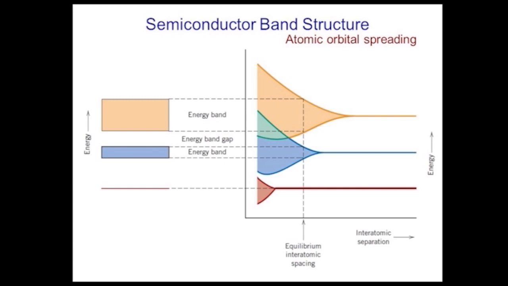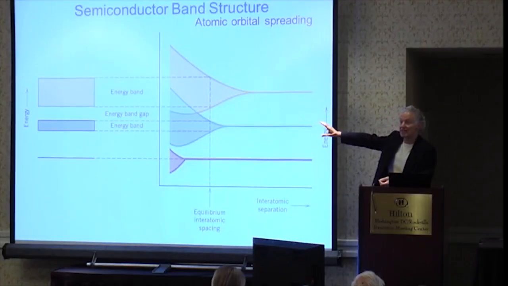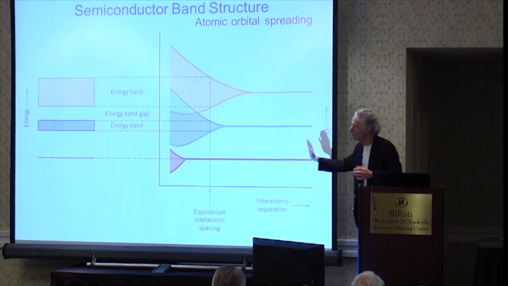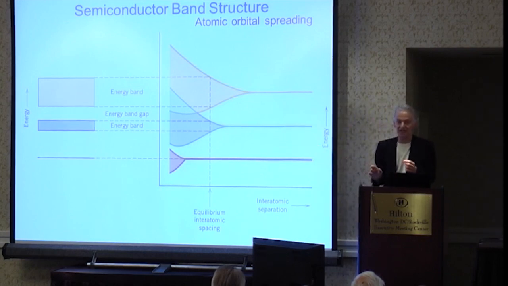As you squeeze them together, they encounter the Pauli exclusion principle, which says that you cannot have anything in exactly the same state at the same place at the same time. So the electrons cannot all be in the same energy. So what do they do? They spread out.